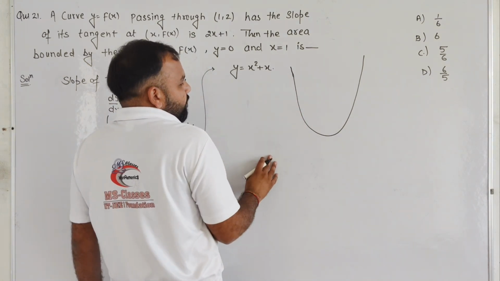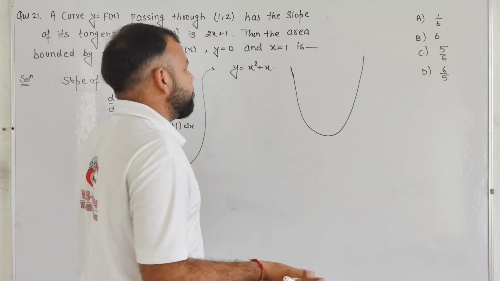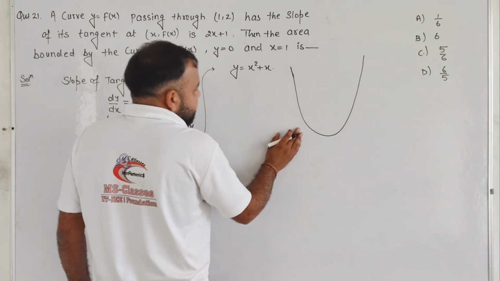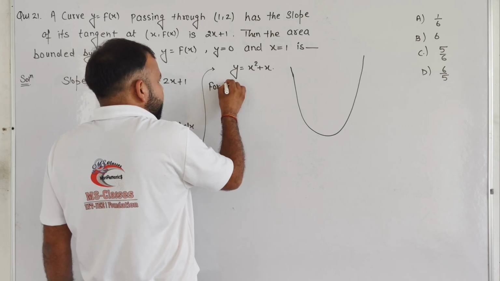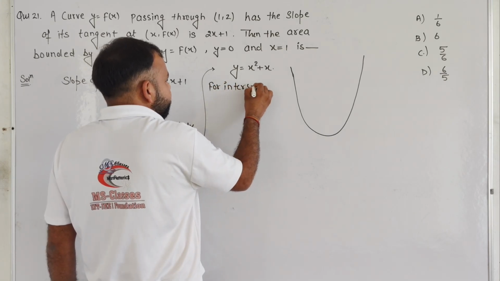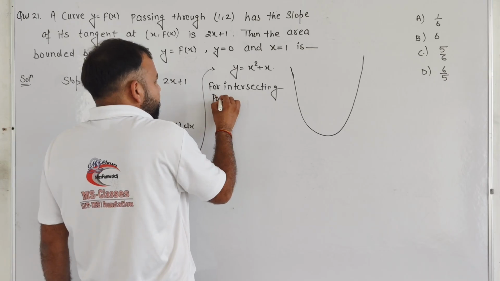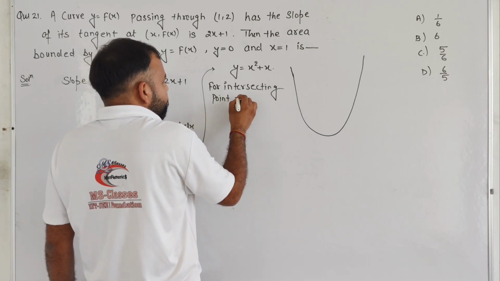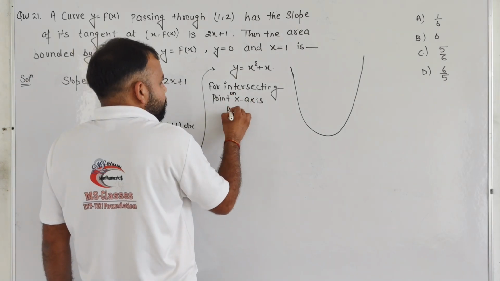Okay, and student, does this curve intersect the x-axis or not? For intersection on the x-axis, put down y as 0. For intersecting point on x-axis, put y is equals to 0.